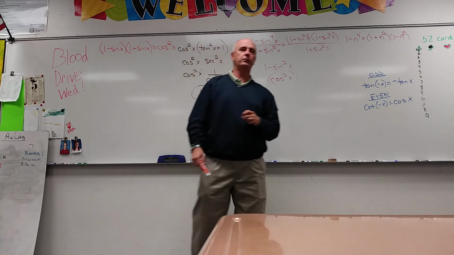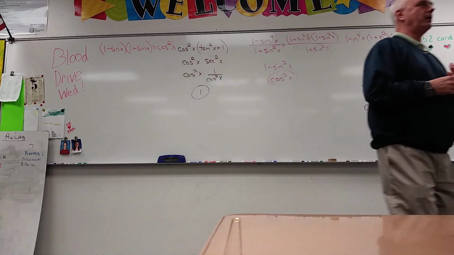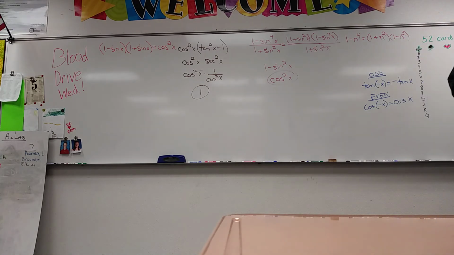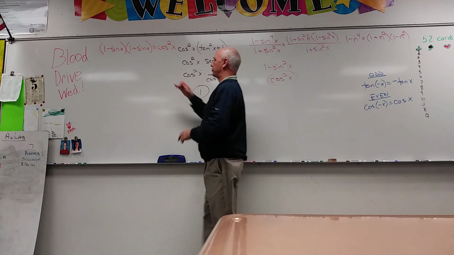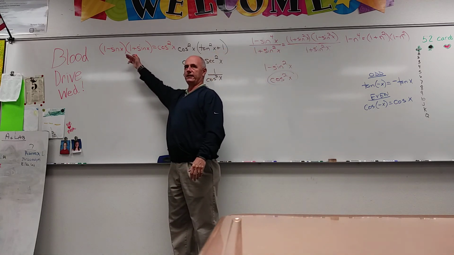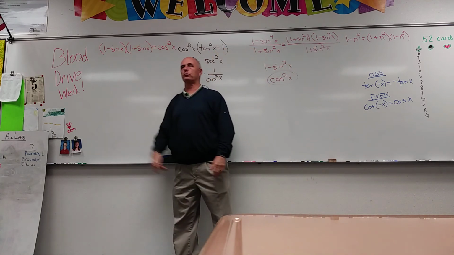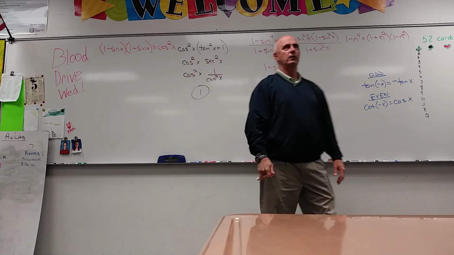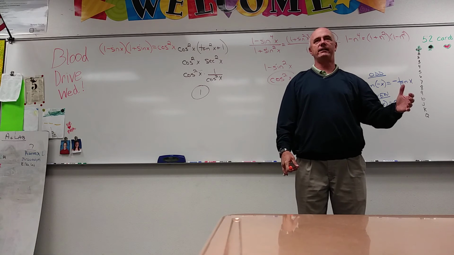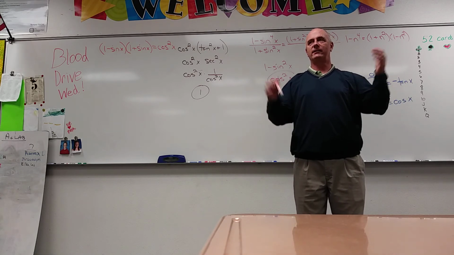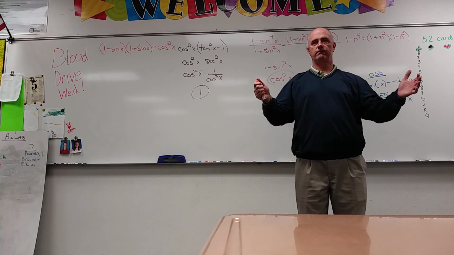So, there are a couple of things that will pop up, and we'll do a lot more of these tomorrow, but you'll have a couple tonight to introduce you to them. And so there are a couple of rules that hold true when you are verifying identities. The first rule that holds true is because we are trying to verify the identity, we can't use the fact that they're equal to our advantage.